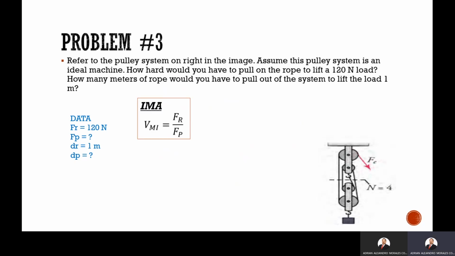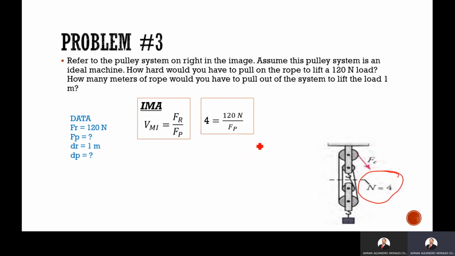First of all, we need to go back and understand the ideal mechanical advantage formula, which is going to be the resistance force over the pull force. In this case, the ideal mechanical advantage is going to be equal to the number of ropes that we have in the system. In this case, we have number of ropes equal to 4.